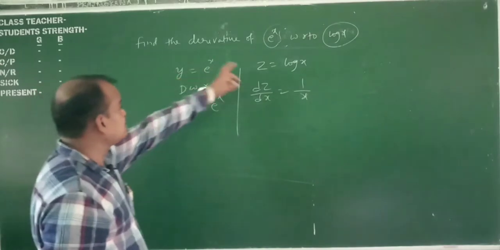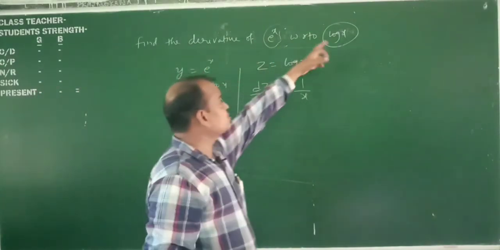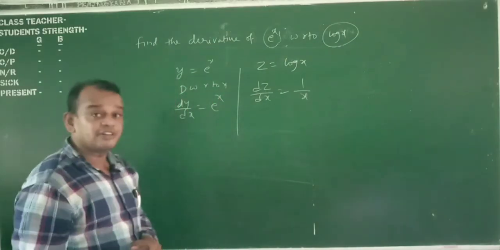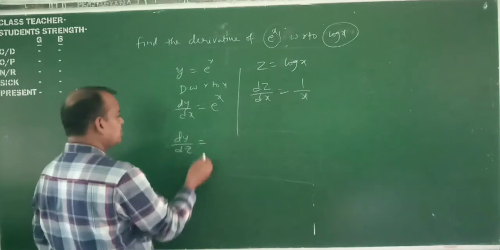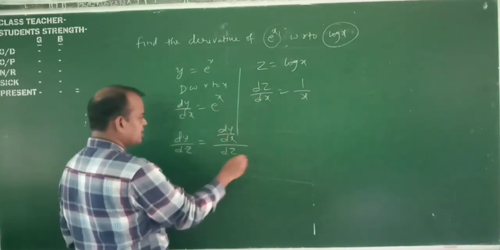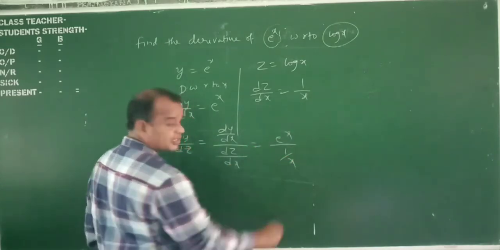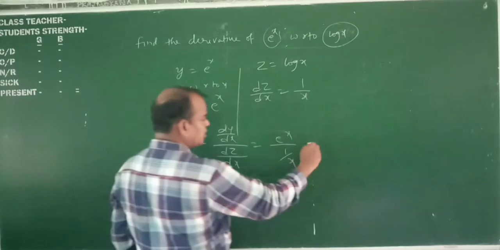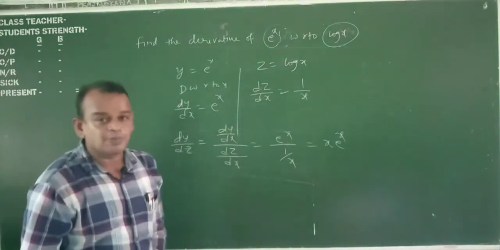This is y, this is z. The derivative of y with respect to z, that is dy by dz, equals this one by this one: dy by dx divided by dz by dx, that equals e power x by 1 by x. 1 by x reciprocal means x into e power x. So the answer is x into e power x.